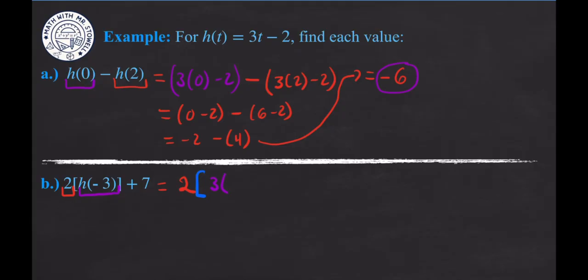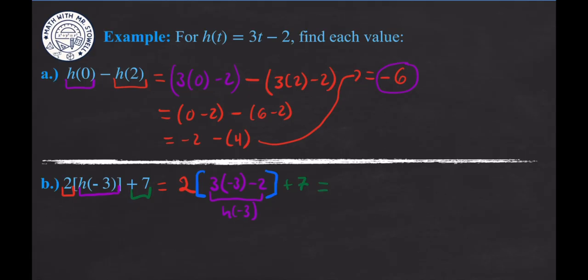H of negative 3 will give us 3 times, replace your t with your negative 3, minus 2. That is your function. Remember, this is our h of negative 3, right? H of t is 3 times t minus 2. Replace that value. Then we are going to add 7 outside of that.